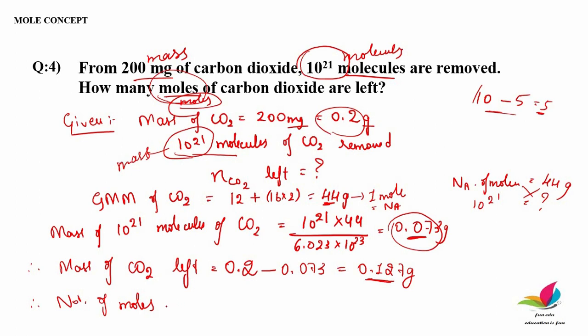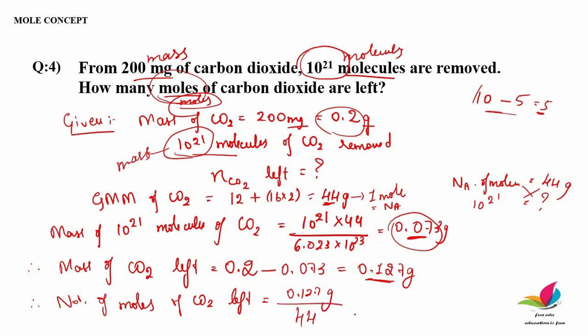So number of moles of carbon dioxide left will be equal to given mass divided by standard mass, right? So what is the mass here? 0.127 gram. See, given mass here doesn't mean 0.2 gram, because we are calculating the moles of carbon dioxide left. What is the mass of carbon dioxide left? This much. So 0.127 divided by standard mass. What is standard mass?